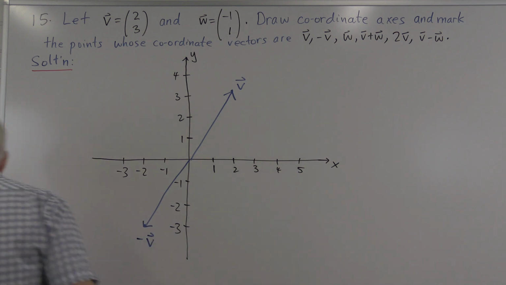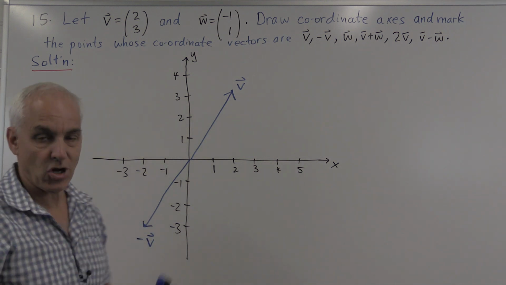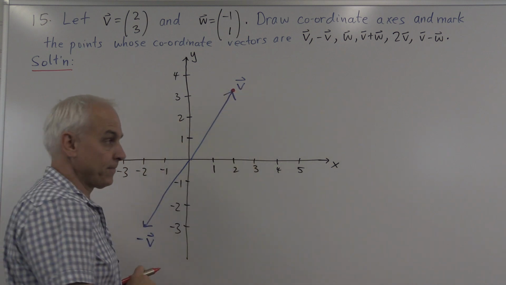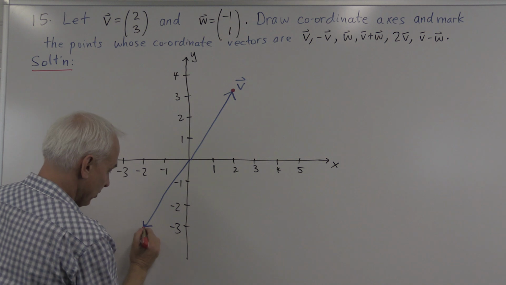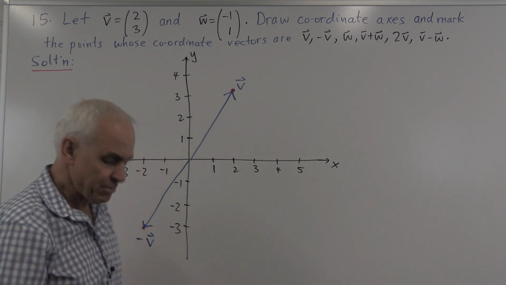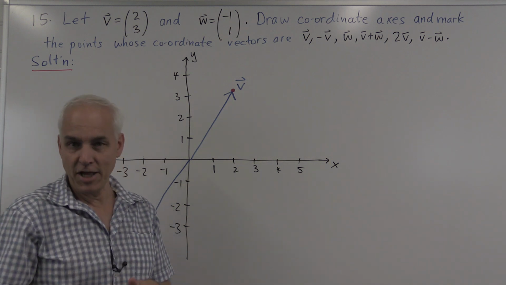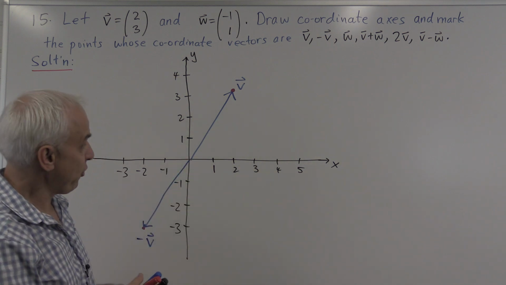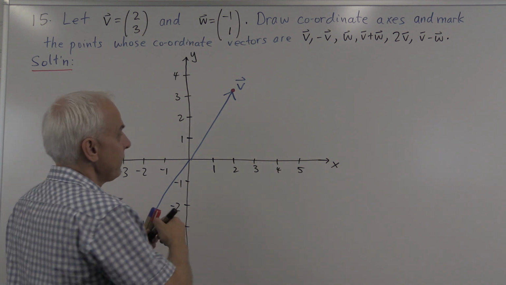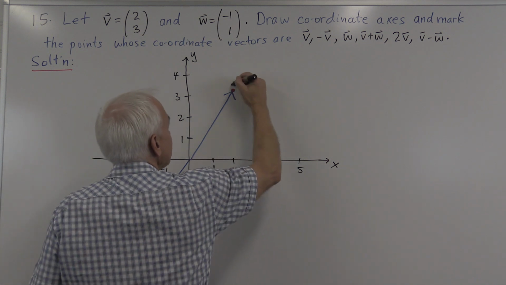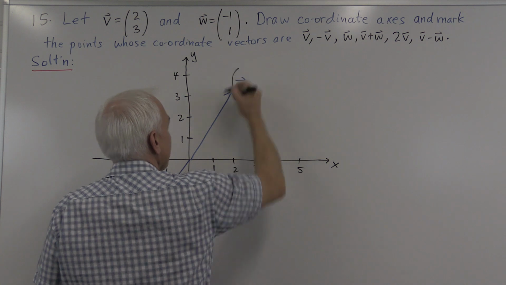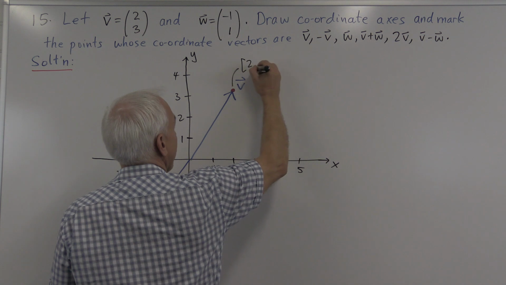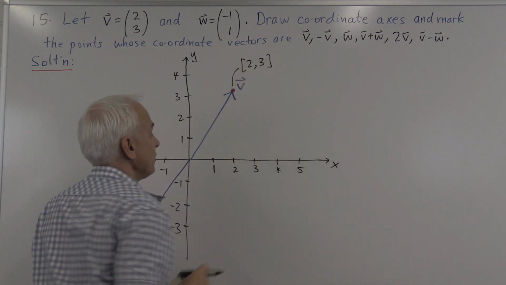And the points whose coordinate vectors are these are the points right here. So that's actually a point. And that's actually a point too. And sometimes it's useful to distinguish the points themselves from the vectors. So this point could possibly be labeled in a different way. For example, we could label it with square brackets 2, 3. That's something that I like to do.